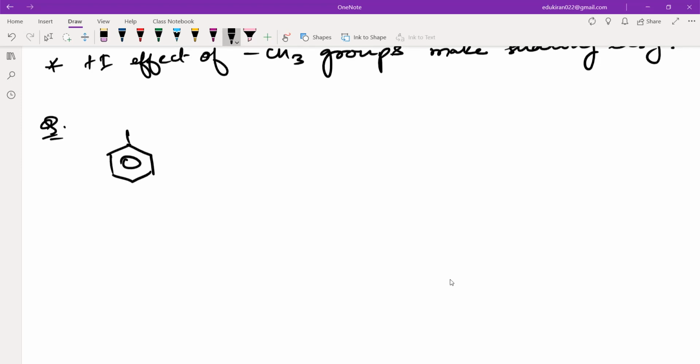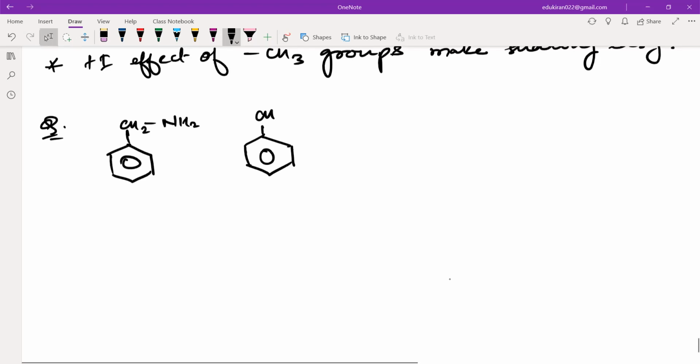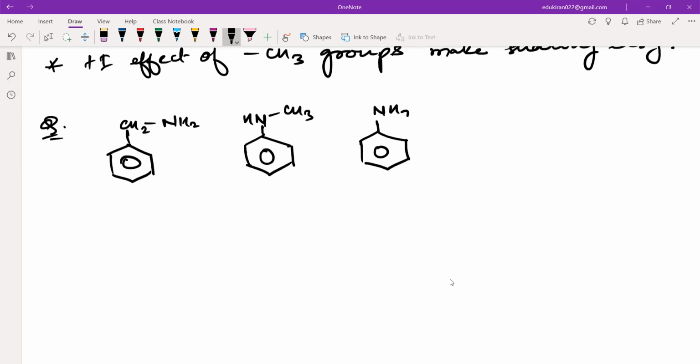there is a nitro group here, nitrogen here. Let us see, we have here carbon, CH2NH2, and then you are comparing this with NH, and there is CH3, and then you are comparing this with NH2.